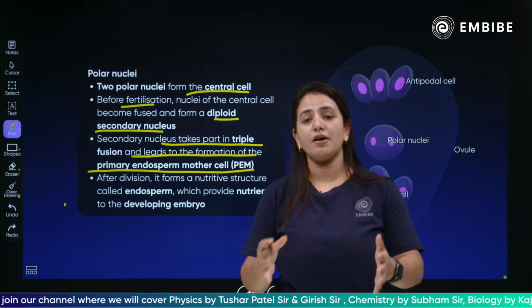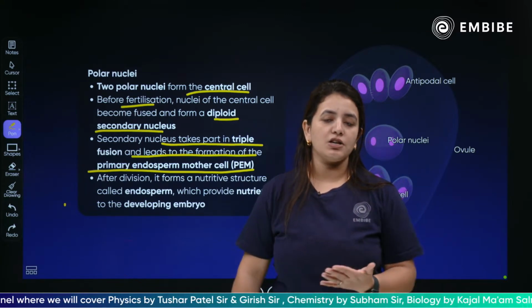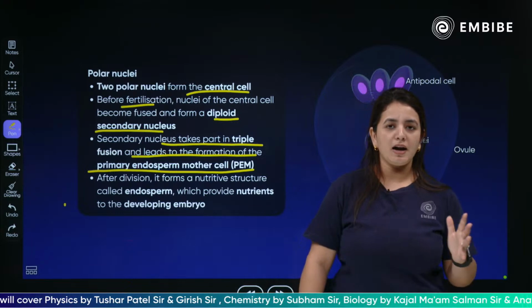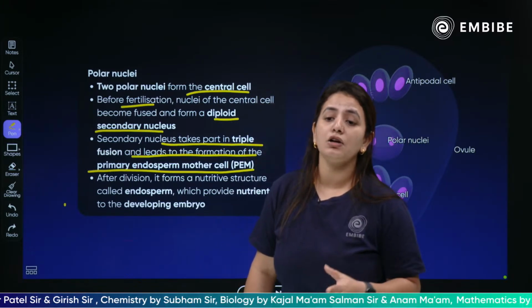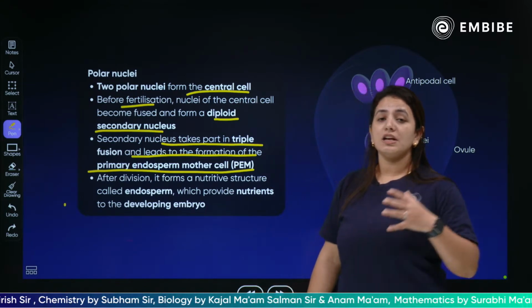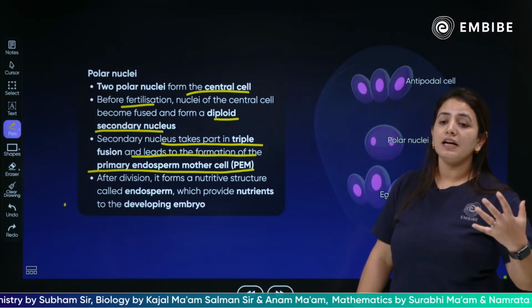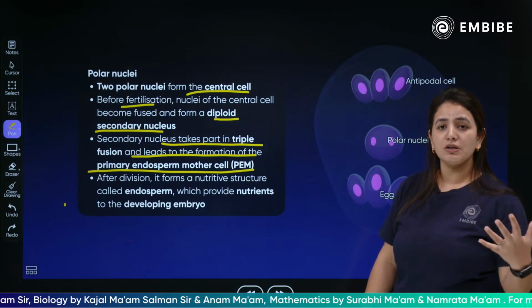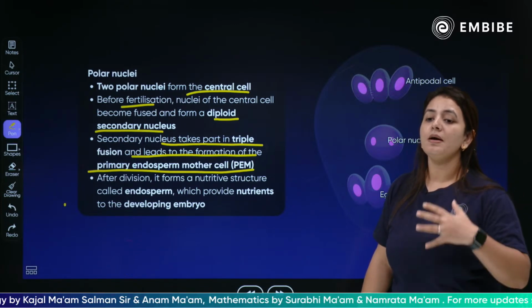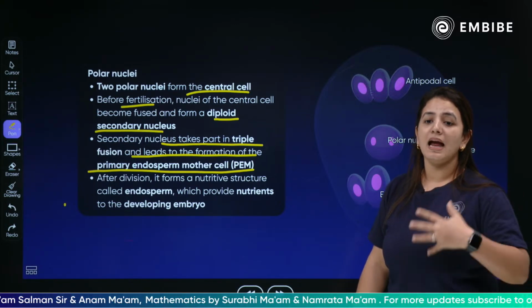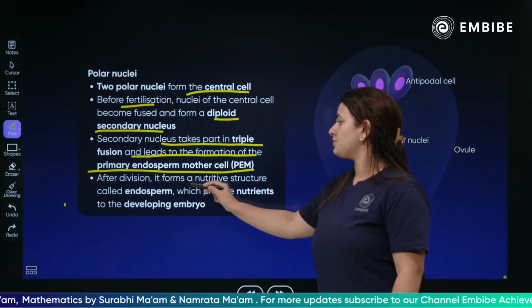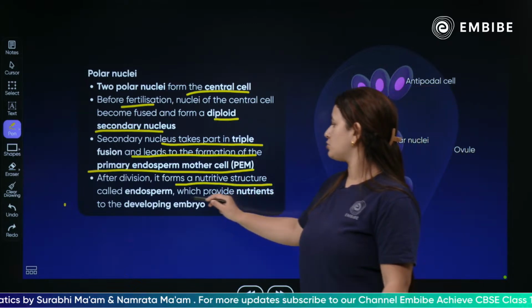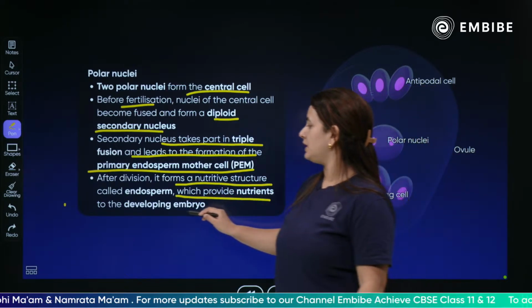This has its own detailed discussion during double fertilization, but right now I am giving you an introduction only: the polar nuclei, which are part of the central cell, eventually convert into a triploid through triple fusion and form the PEN, the primary endosperm mother cell. After division, a nutritive structure called endosperm is formed, which provides nutrients to the developing embryo.